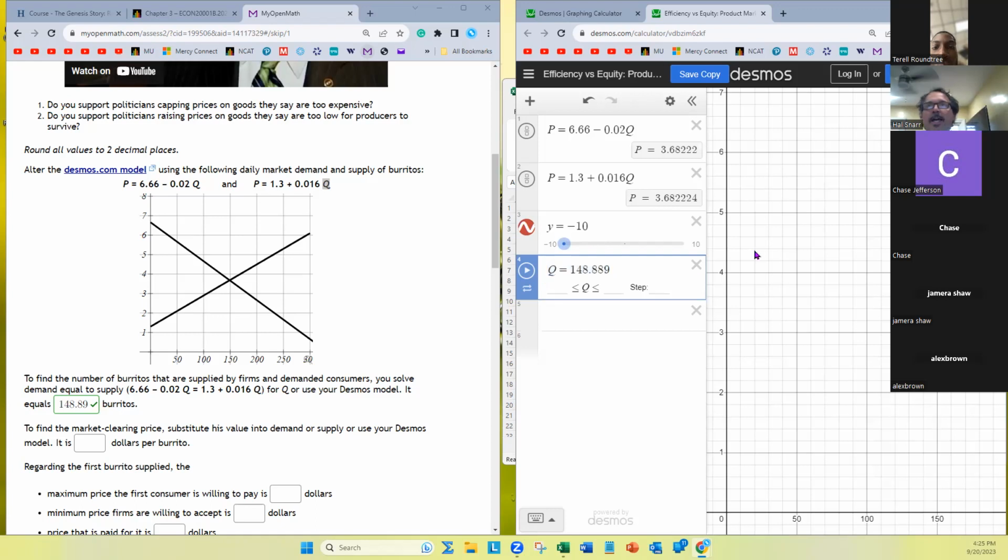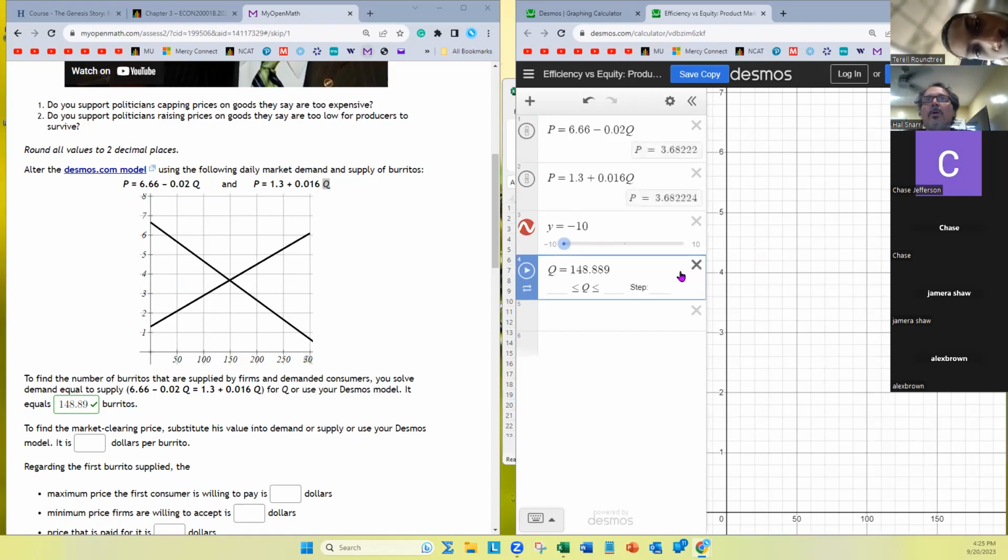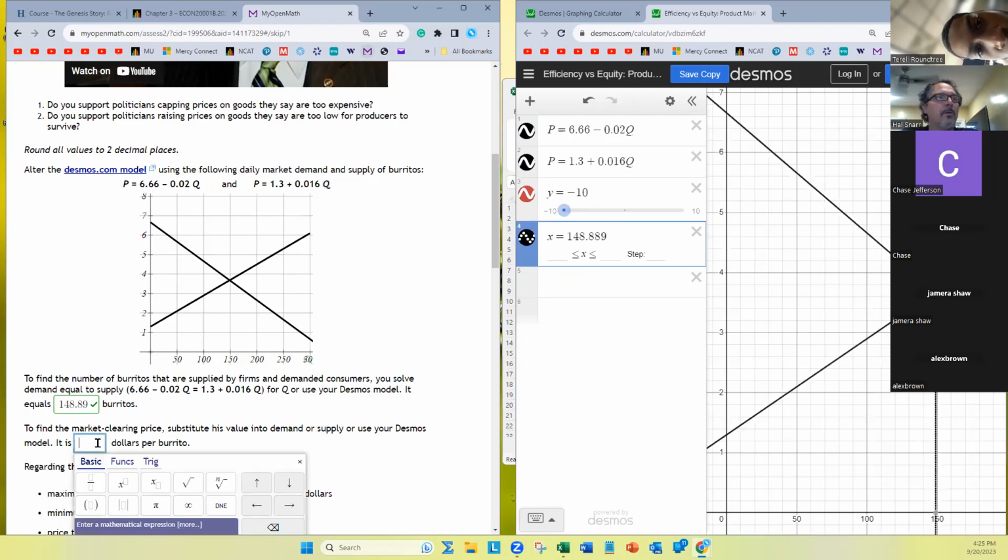I'm going to change that back to lowercase x. Notice when I change it back to lowercase x, it produces a dotted line that passes through the equilibrium, right? So my equilibrium price was what? Changing that back to capital Q, my equilibrium price is 368.